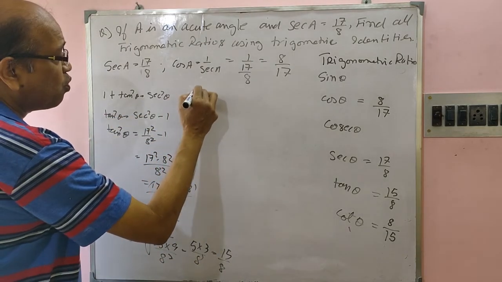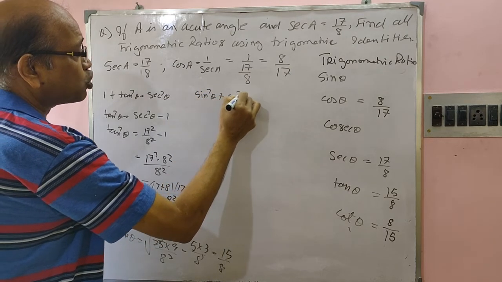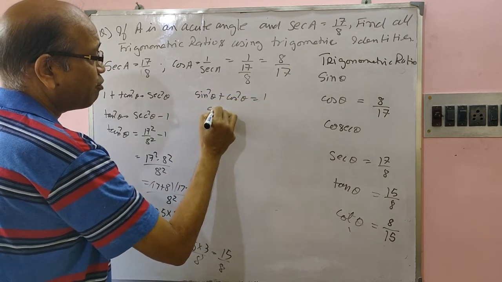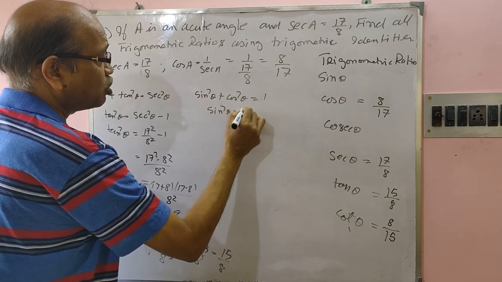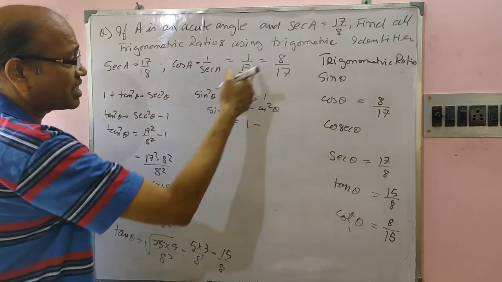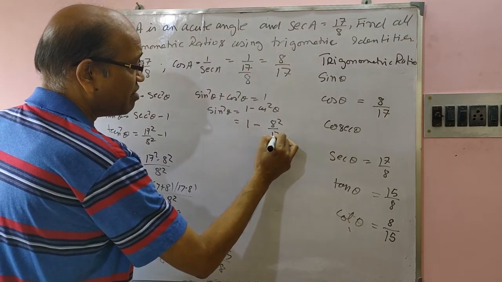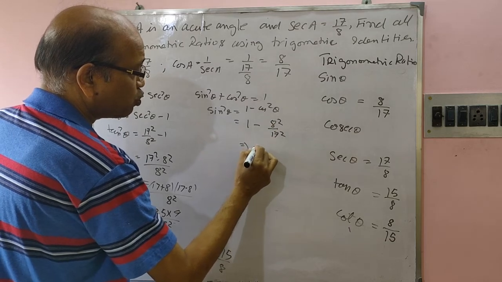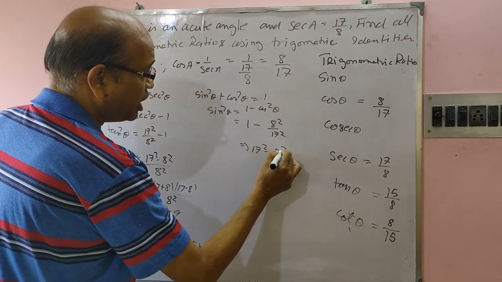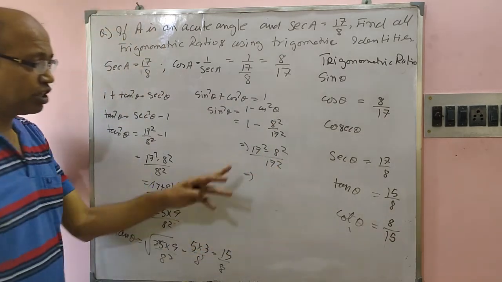We know sine square theta plus cos square theta is 1. Therefore, sine square theta is equals to 1 minus cos square theta, which is 1 minus 8 square by 17 square, which is equals to 17 square minus 8 square by 17 square. If you know the tables, fine.